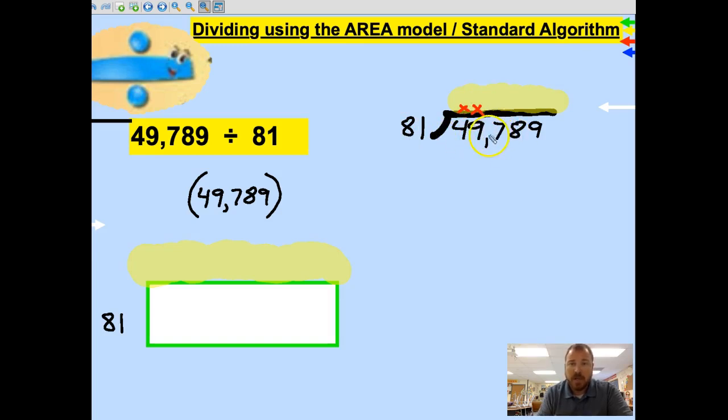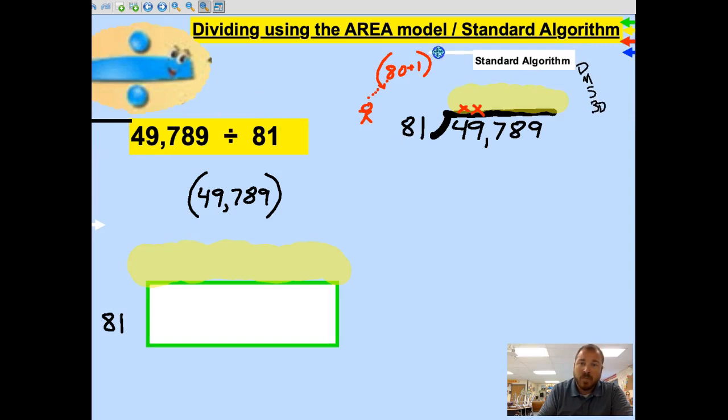Yes, it does. Okay, so we're going to think about this 81 as being 80 plus 1. So we're changing this 81 in our head to make it a little bit simpler, because when we get to our multiplication step in our standard algorithm, we can use the distributive property and pass the number out to the 80 and then pass the number out to the 1.